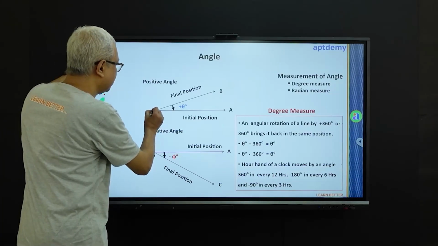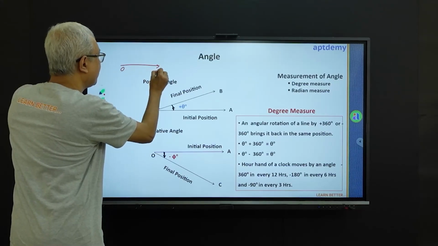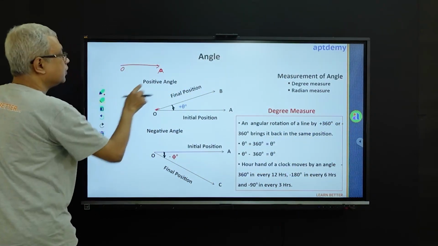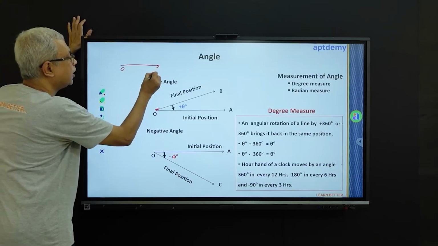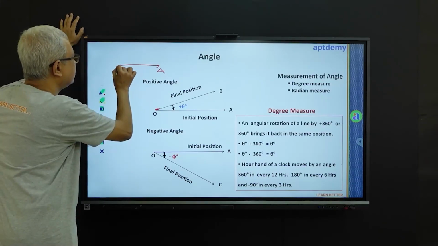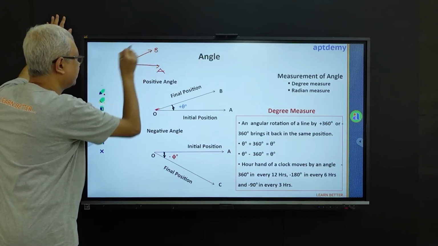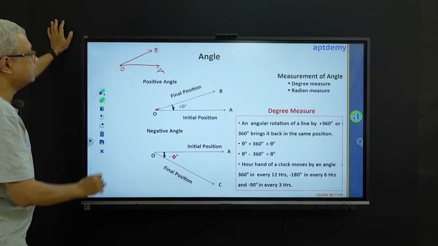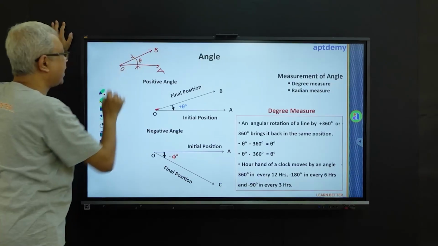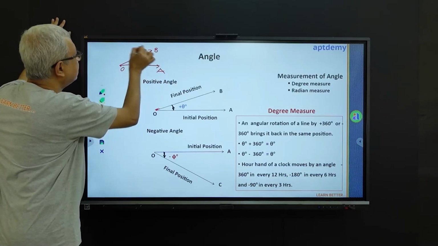Say there is a line OA. OA is a line, and the line rotates from its initial position, keeping the point O fixed, to a position B. Then we say that an angle or angular distance theta has been traversed by the line OA in reaching OB.